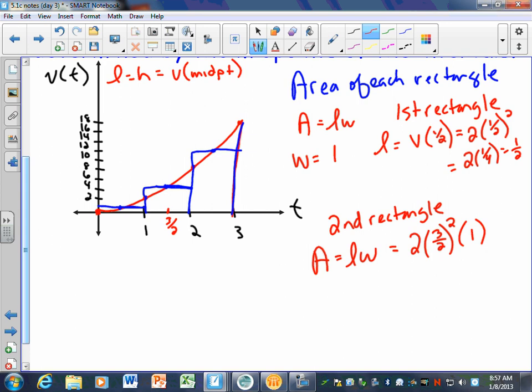Could I do the third rectangle? You do the third rectangle. At least make your formula, and then we'll work it out.